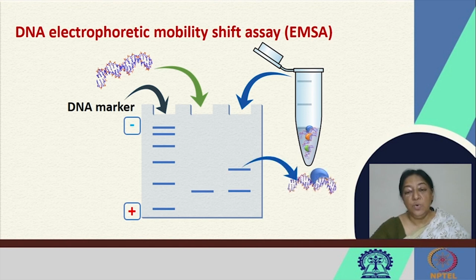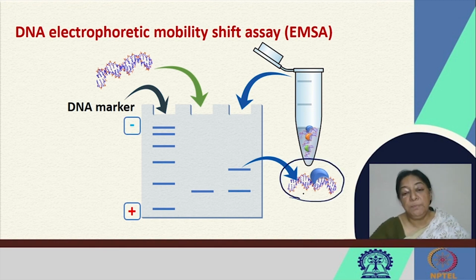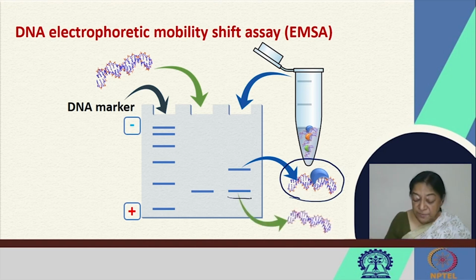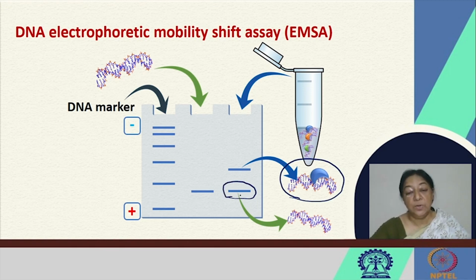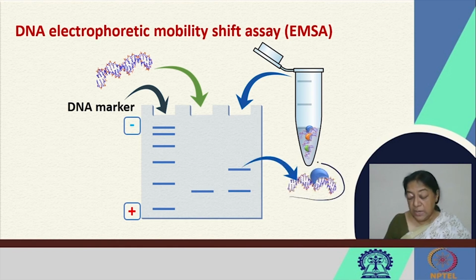In this case, we will see that the retardation or the slower migration is because of the complex formation of the protein with DNA. The second band or the faster moving band that we observe here is due to DNA alone that corresponds with our DNA present here. So this is our DNA protein complex.